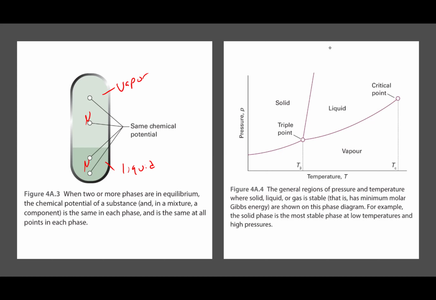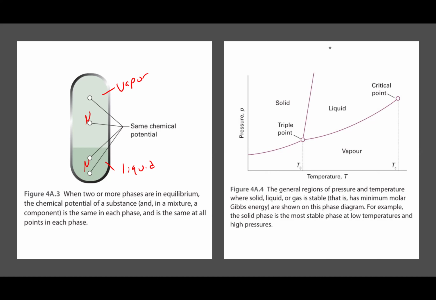Now, in the next section, section 4b, we'll see how mu changes with all these different conditions. But when we put all this data together, what we can generate from this is a phase diagram, something like this, where we have pressure and temperature.